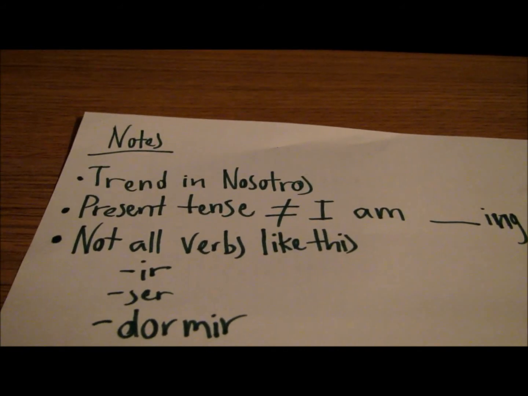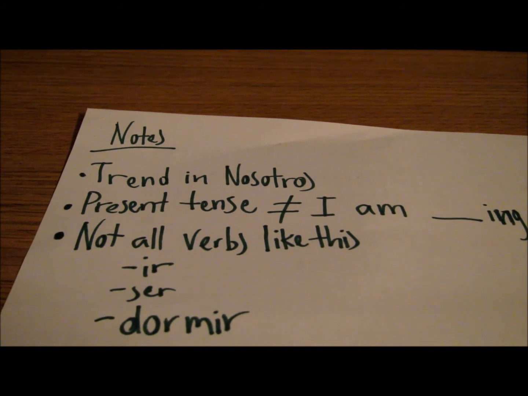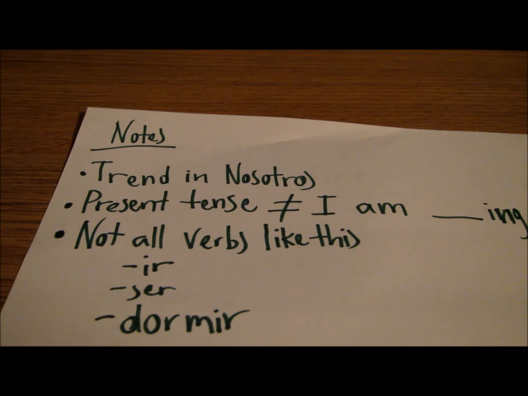So not all verbs are conjugated this way. Some examples of these are ir, ser, and dormir. Ir is an example of an irregular verb, which means that it's not conjugated regularly. Ser is also one of these.